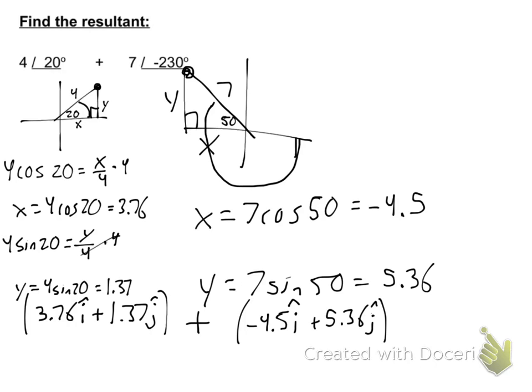So if I take 3.7 i hat plus a negative 4.5 i hat, I get how many i hats? Negative 0.74 i hat. And a 1.37 plus a 5.36 j hat creates a 6.73 j hat.